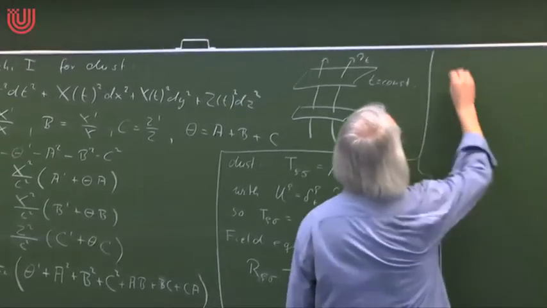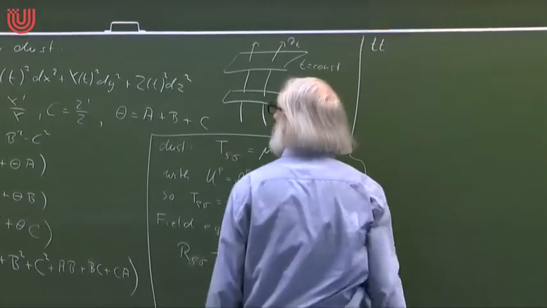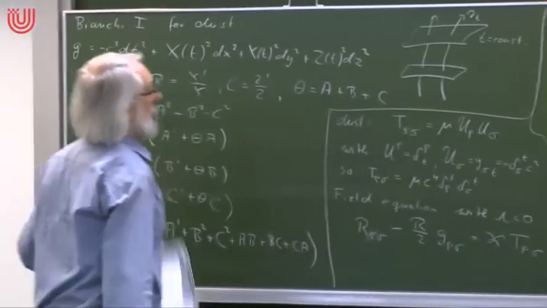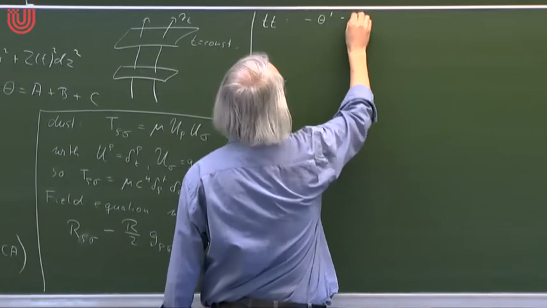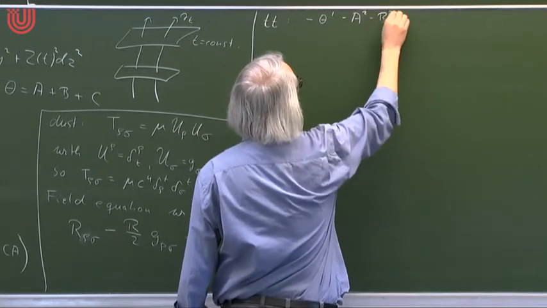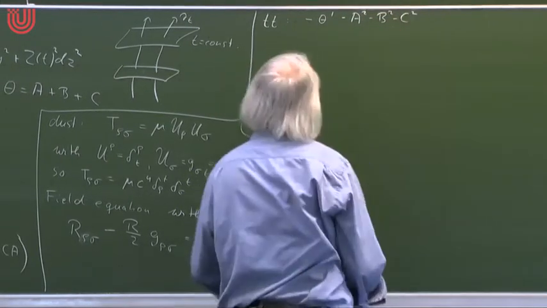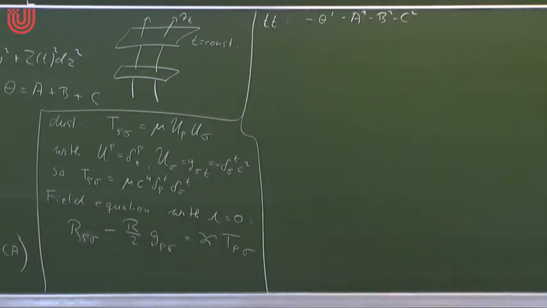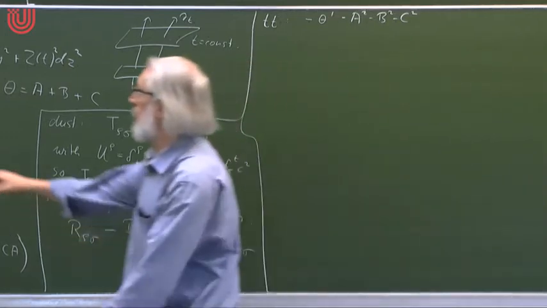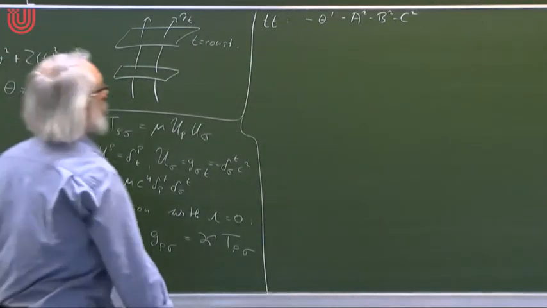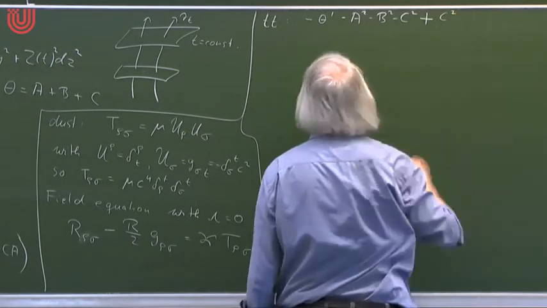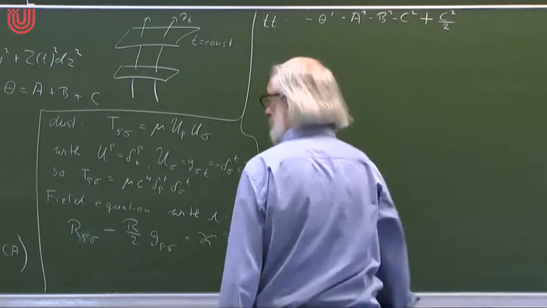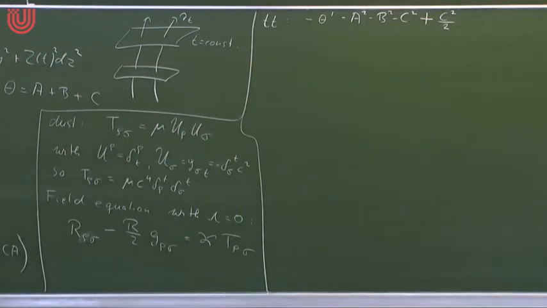So let me begin with the tt component. R_tt is this here, minus theta prime minus a squared minus b squared minus c squared. That's R_tt. Then minus R half times g_tt. g_tt is minus c squared, so I have minus and another minus sign, c squared half times R. And R is this here.